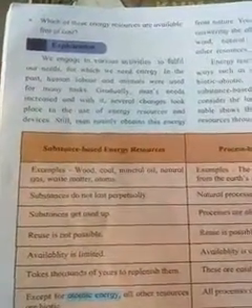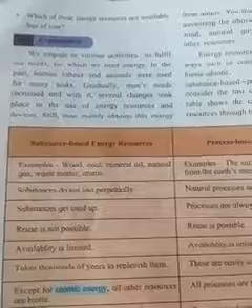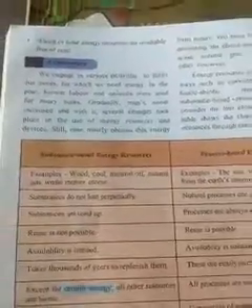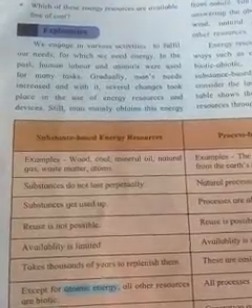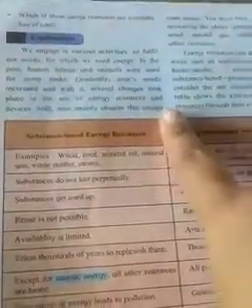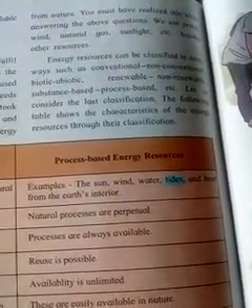In this picture, the man is engaged in various activities to fulfill his needs, for which energy is used in every picture. But here is the classification of the energy resources: conventional or non-conventional, biotic or abiotic, renewable, non-renewable, and substance-based or process-based.